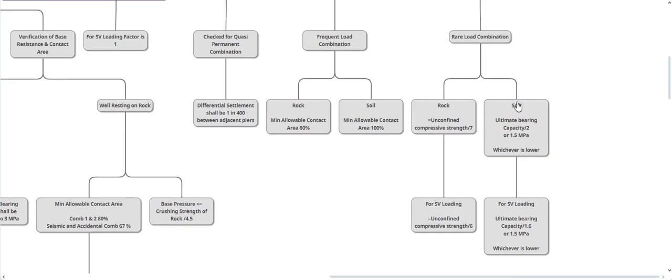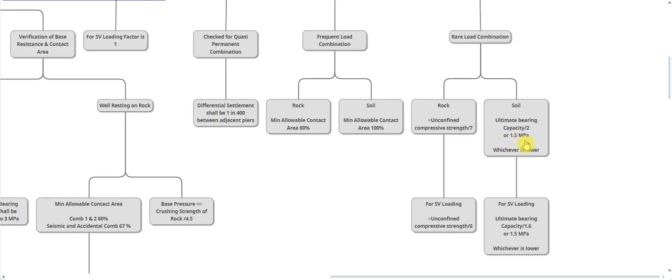In case of soil, the ultimate bearing capacity shall be divided by a factor of 2. So whatever the ultimate, we shall divide it by a factor of 2 to get the allowable base pressure for rare load combination in case of soil.